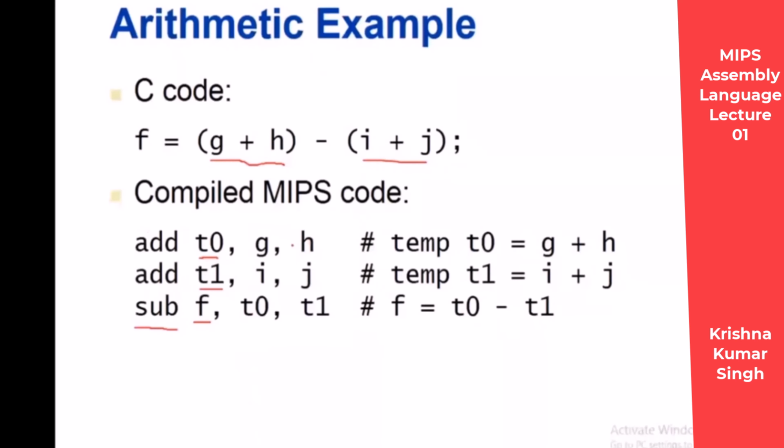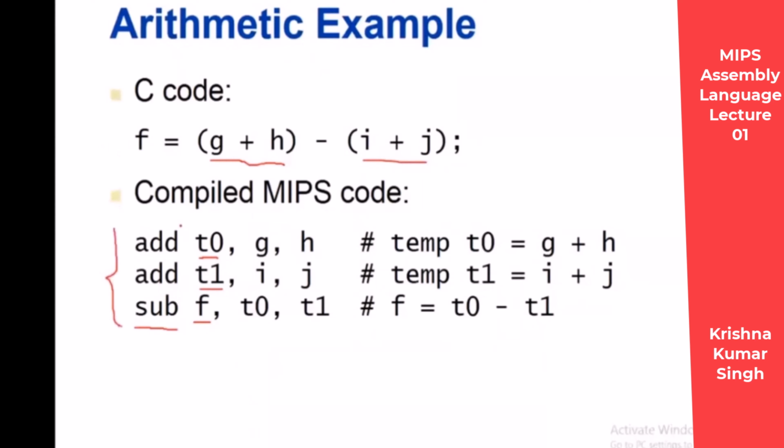This is only the general format of the MIPS code. As I mentioned, none of these T0, T1 names are accepted in MIPS code. We should use only registers, as you will see in the next slide. But I want to show that the compiled MIPS code for this one C statement will look something like this.